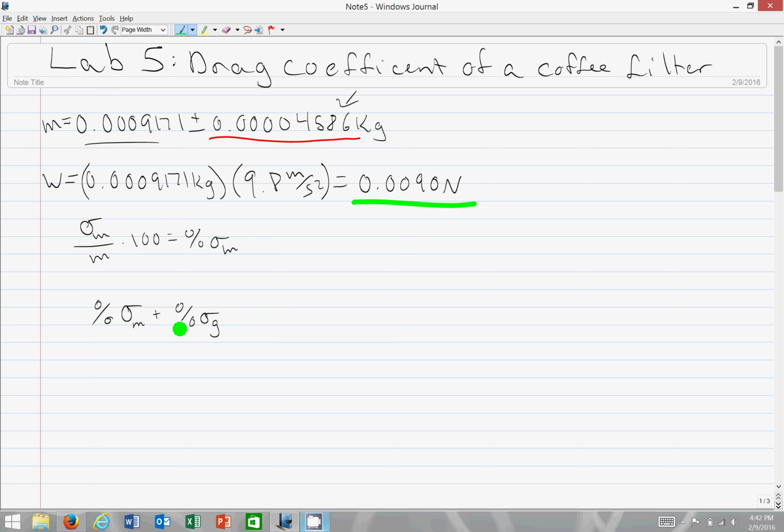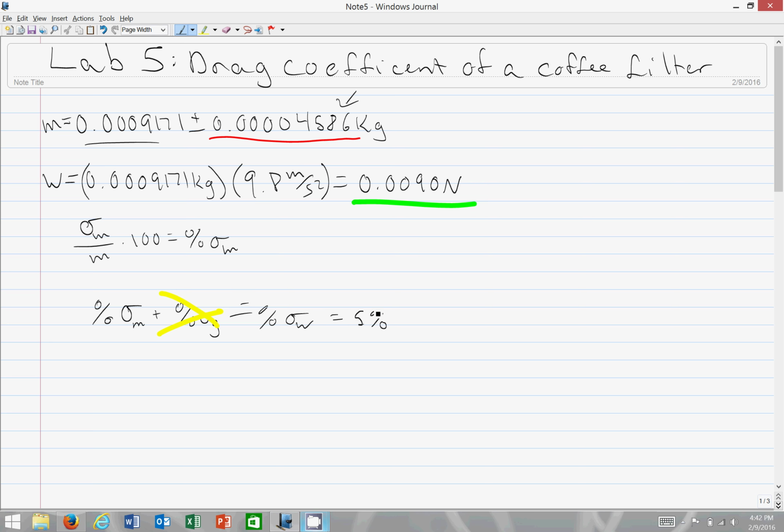So I'm going to cross that out, and it is equal to my percent uncertainty of my weight. I find that this percent uncertainty is equal to 5%.